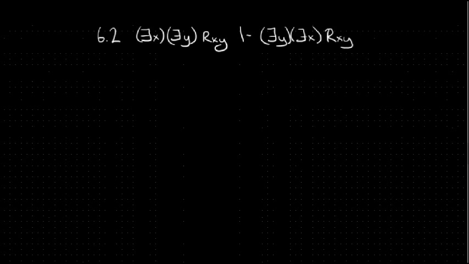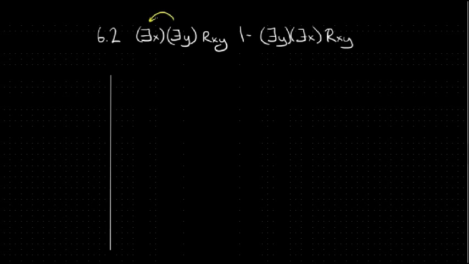Okay, 6.2. So this time, let's run our scope bar. We want to get from there exists an x and there exists a y such that rxy, to there exists a y such that there exists an x such that rxy. So we want to swap around these two, that's all we're doing here.